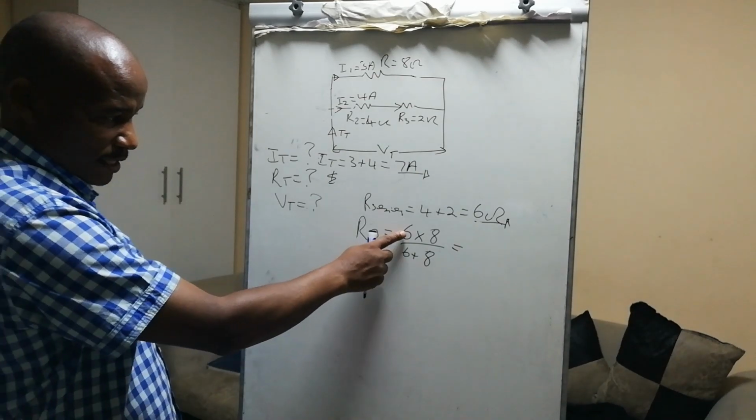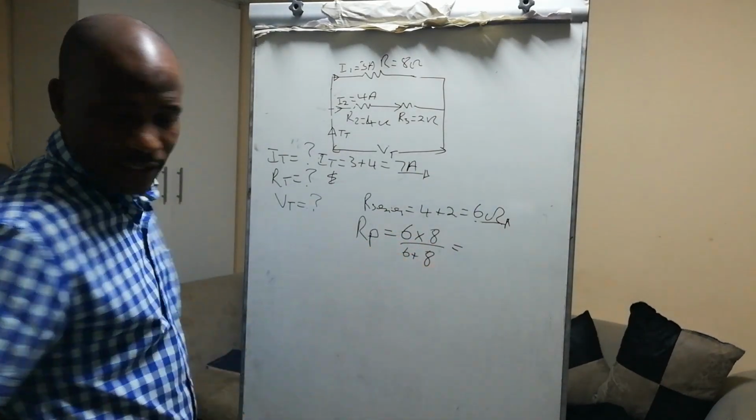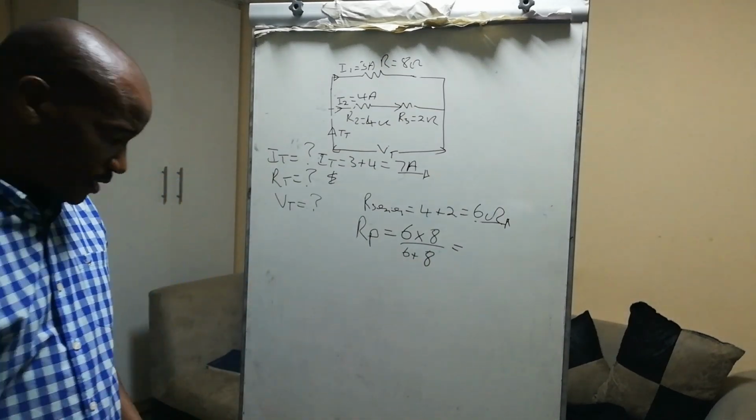And it's equal to what? 6 times 8, I think, is 48. 48 over 14 is equal to what? Where is that calculator?